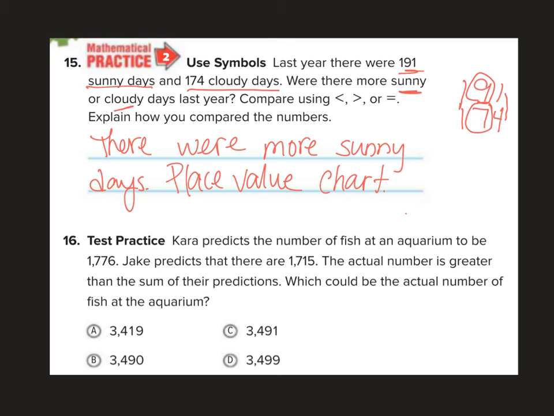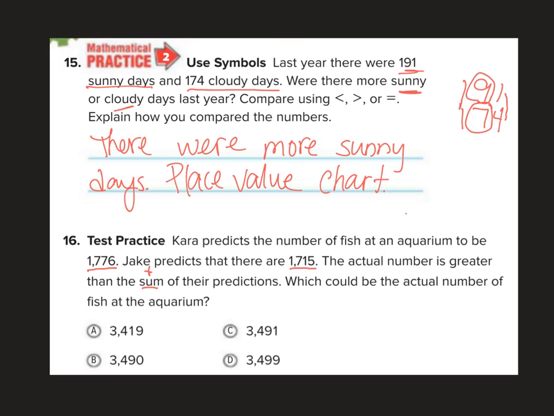Kara predicts the number of fish at an aquarium to be 1,776. Jake predicts that there are 1,715. The actual number is greater than the sum, remember that means addition, of their predictions, which could be the actual number of fish at the aquarium.